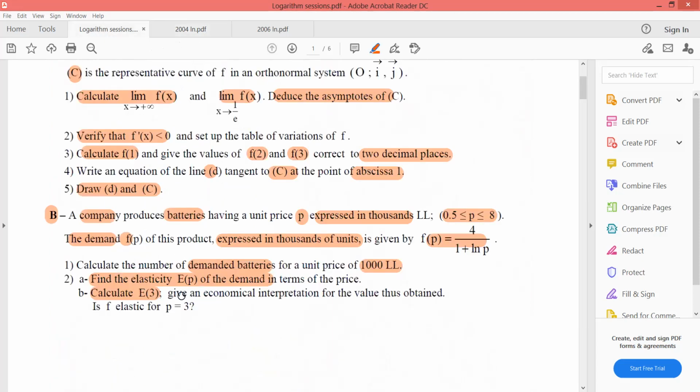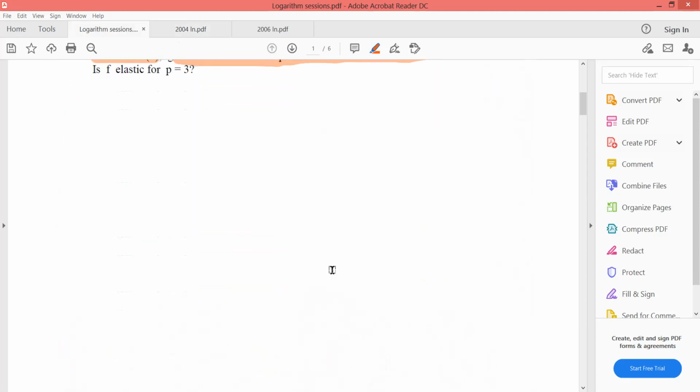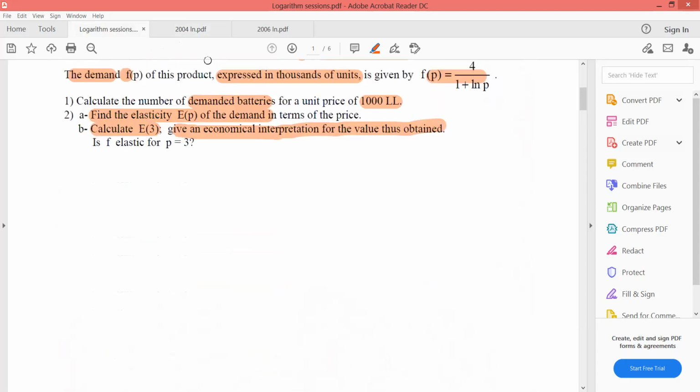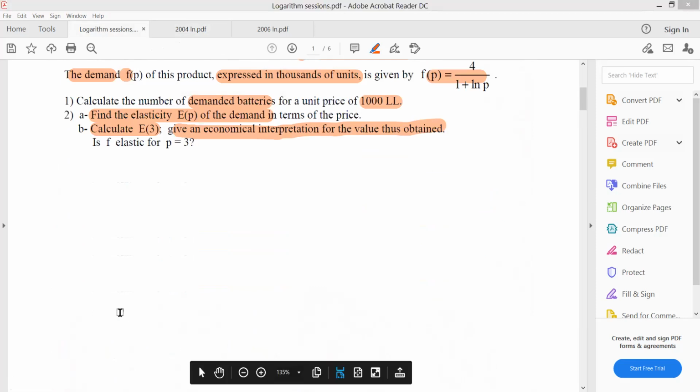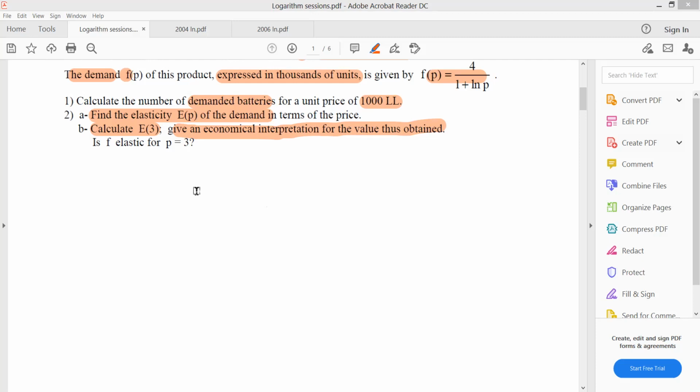Now, give an economical interpretation of the obtained value. To give an economical interpretation, we always say: if the price increases by 1%, the demand will decrease by 0.47%.